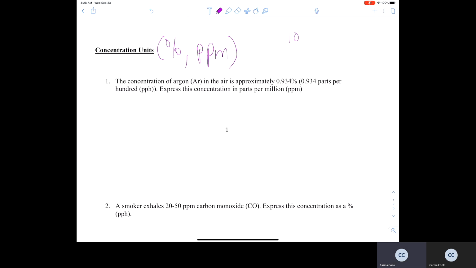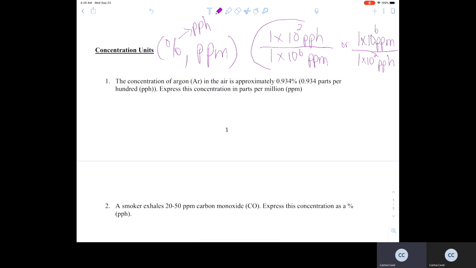And so the fraction or conversion factor that you need to convert between parts per 100, which is percent, and parts per million: if I'm converting from parts per million to percent or parts per 100, I would use this form of the conversion factor.